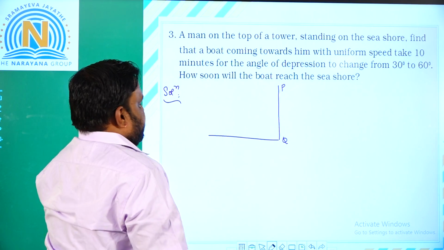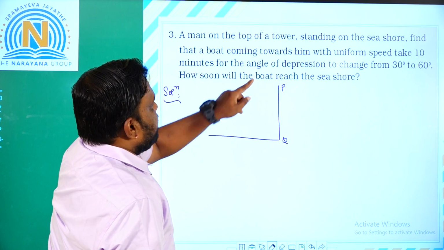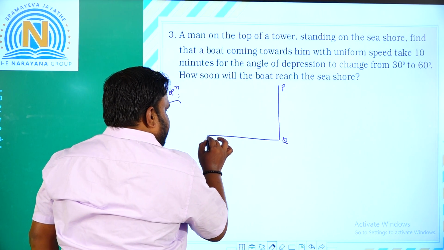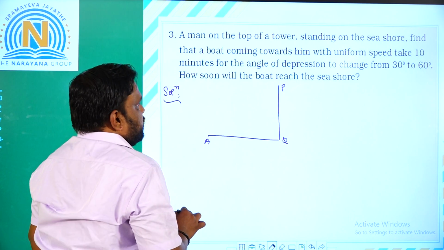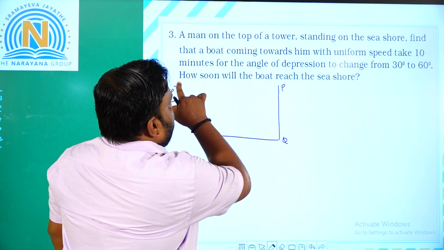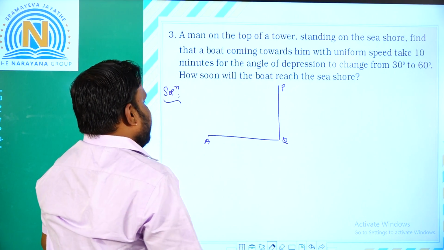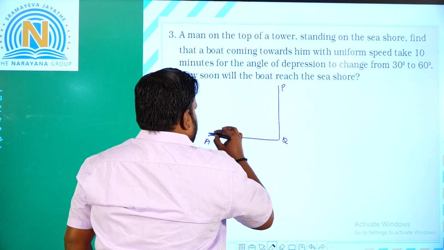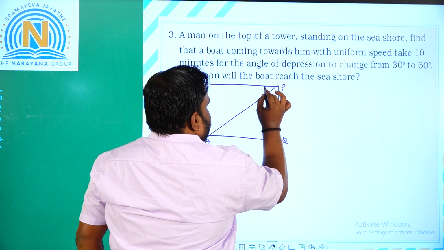Now, this is the sea part normally. Now, what is happening here? Find a boat coming towards him. Let us suppose initially the boat is here at a point A. The boat is coming towards it with uniform speed, taking 10 minutes for the angle of depression to change from 30 to 60. So what happened here is first he observed this part. This is the normal eyesight.